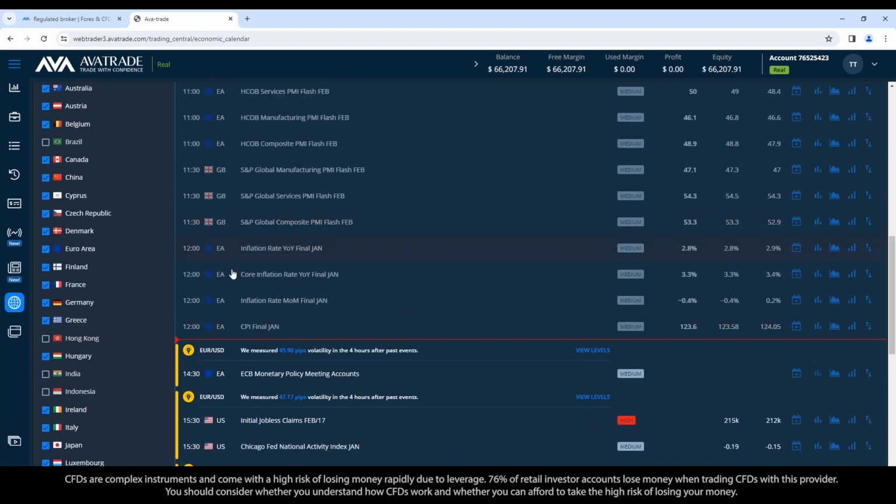the inflation rate data just came in a little earlier today in the European Union, and it came in exactly as expected. Inflation was expected to drop from 2.9 to 2.8. It did. That's year over year. Core inflation was expected to drop from 3.4 to 3.3. It did. Inflation rate month to month was expected to come down 0.4.